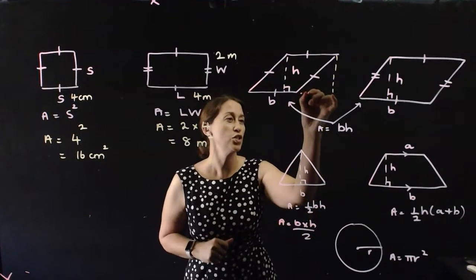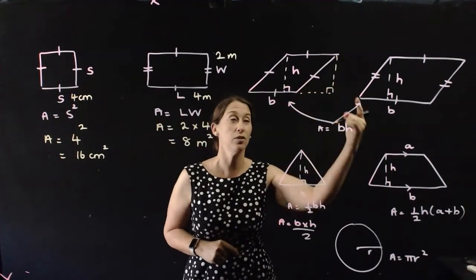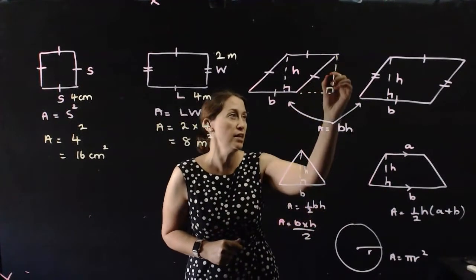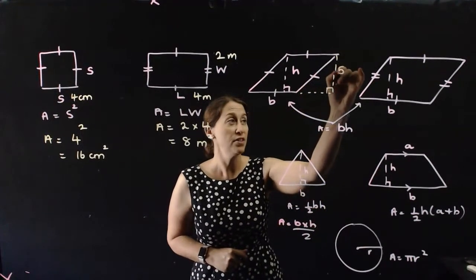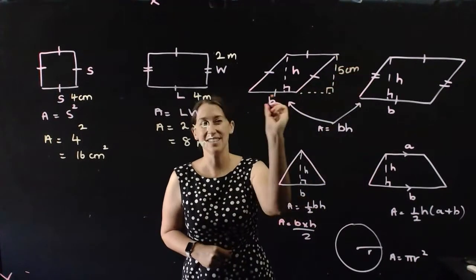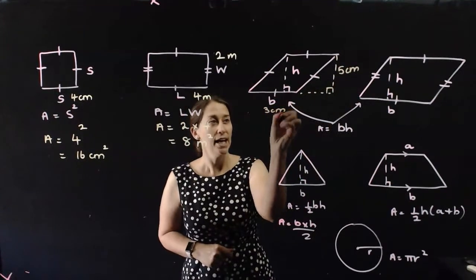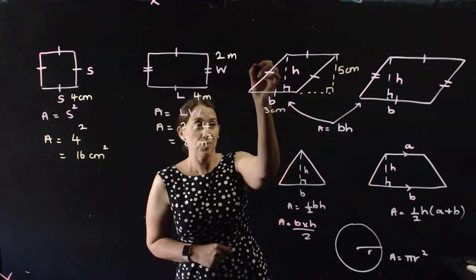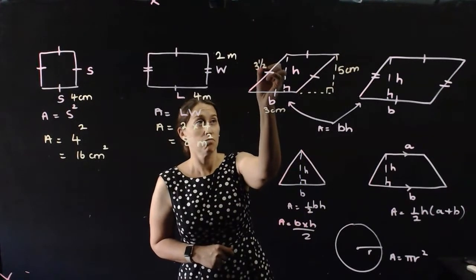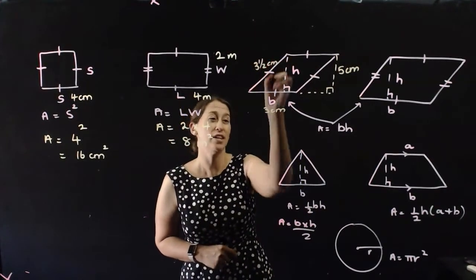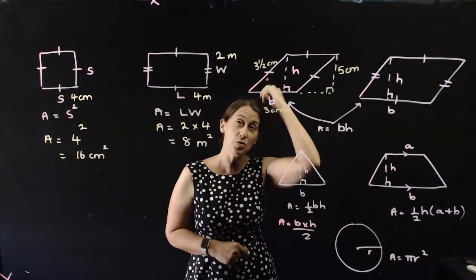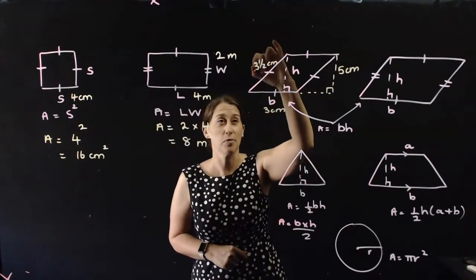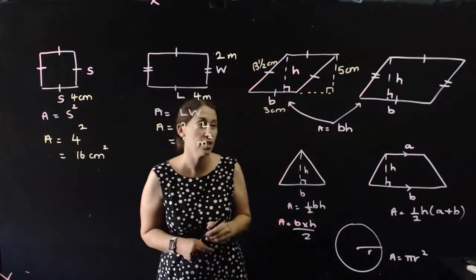So let's imagine this dotted line represents a height on the outside. Let's suppose I gave you a perpendicular height of 5 centimetres and a base of 3 centimetres. And perhaps I might give you a slant height of 3.5 centimetres. Actually, that can't be real because the hypotenuse would be longer. Let's just make this up: 13.5 centimetres. That sounds more realistic.